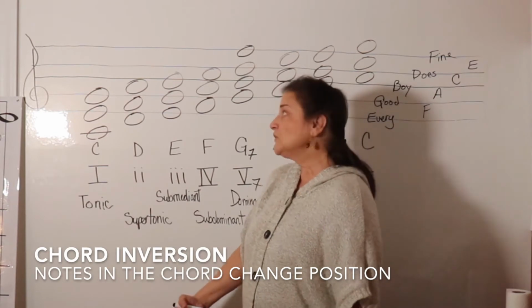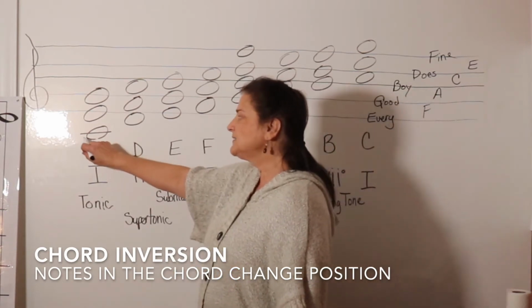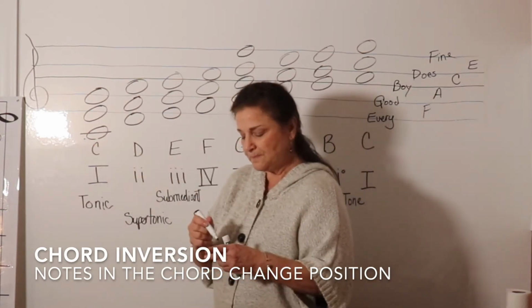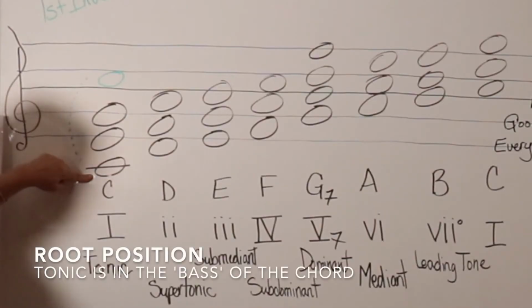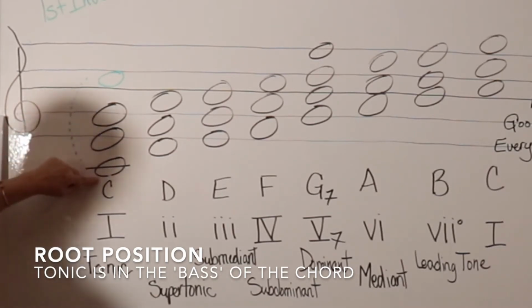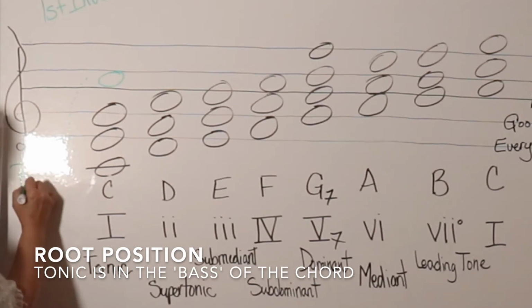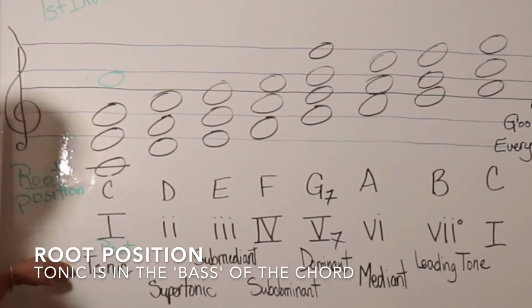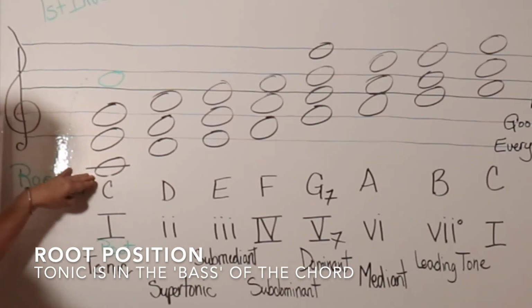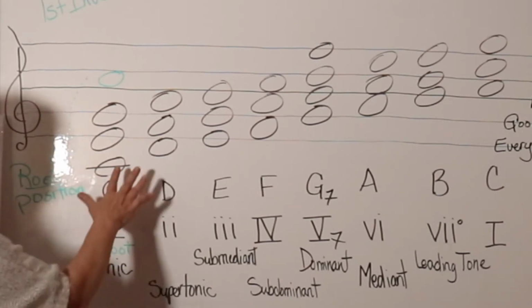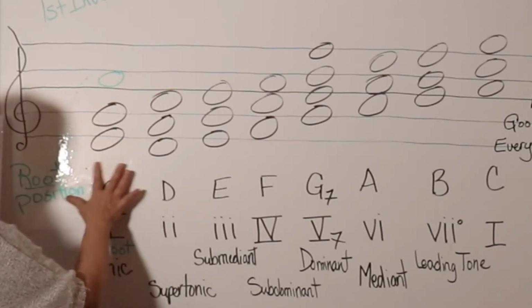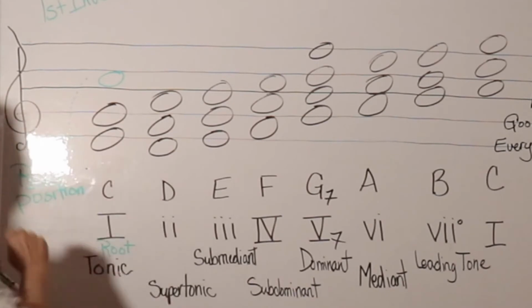When we talk about inversions, it's taking that C and actually inverting it with C in the bottom, E and G stacked on top. That's called root position. The tonic is on the bottom. That's root position. I take away this note and I put it on top.